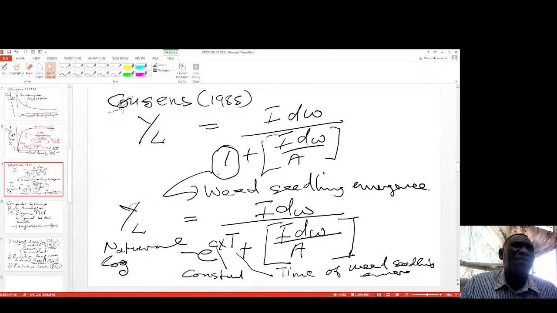So they thought probably they could simplify issues by putting something easier, like relative leaf area, to replace this time of weed seedling emergence factor. That's why they came up with another proposal.